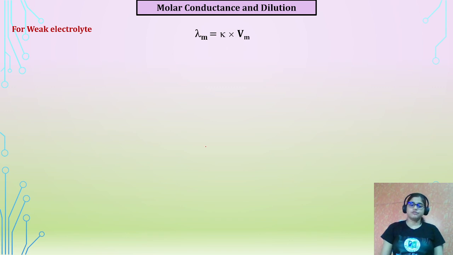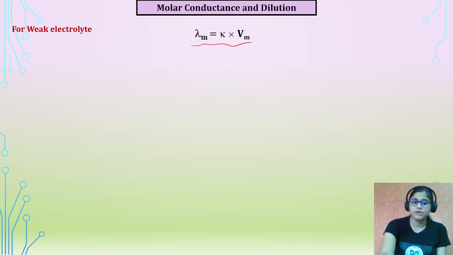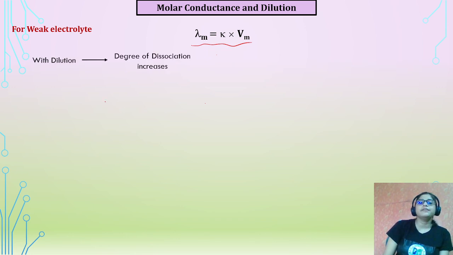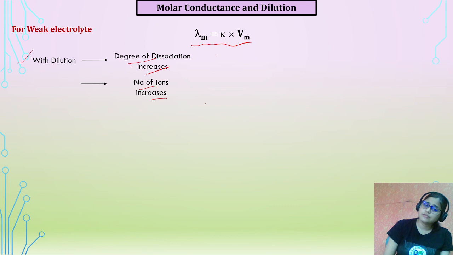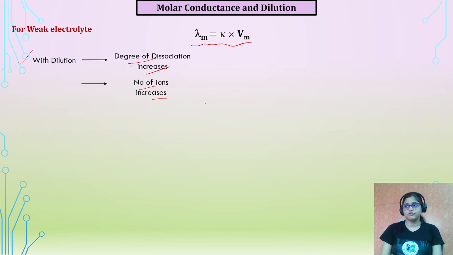Now for weak electrolyte, the same formula, but not the same thing. With dilution, what happens? The degree of dissociation will increase, and the number of ions also increases. For strong electrolyte only their velocity will increase.